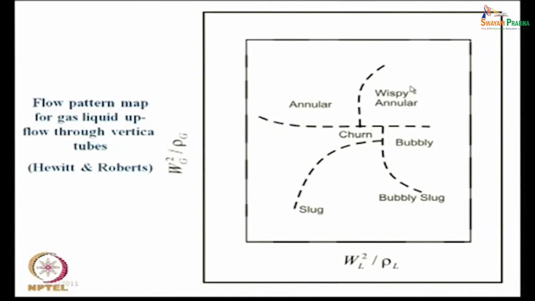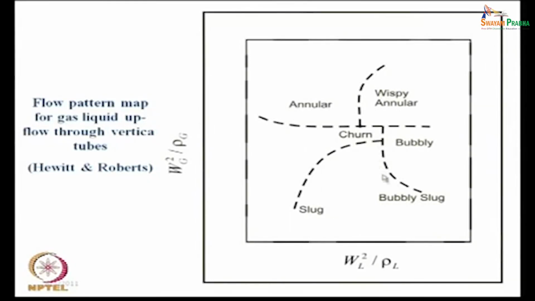Remember one thing, here the transitions have been shown by single lines. But at one particular condition, bubbly flow cannot immediately transform to the slug flow pattern. There has to be a range of conditions where bubbly flow gradually transforms into the slug flow pattern.